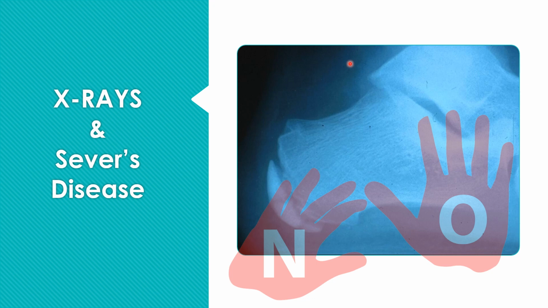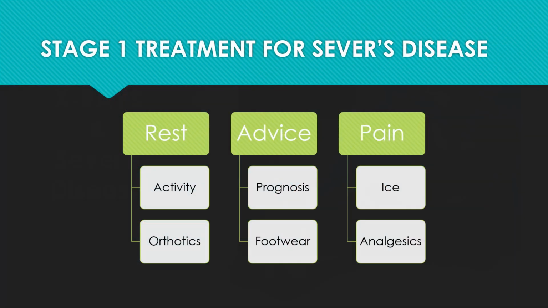We would, however, consider organising an X-ray if our primary diagnosis of Severs wasn't responding as we had expected, and we specifically wanted to exclude a differential diagnosis, for example, a primary bone tumour or fracture. And so it's perfectly reasonable in those circumstances to consider an X-ray.